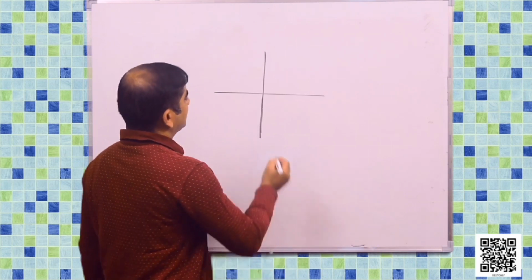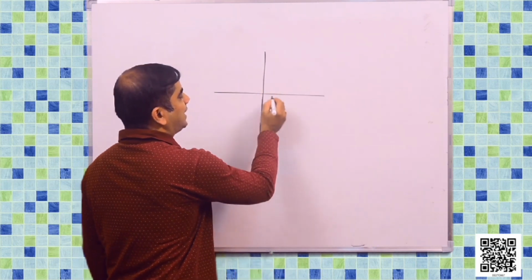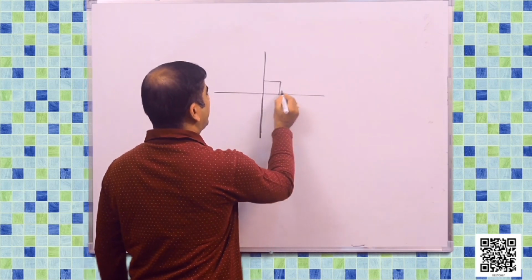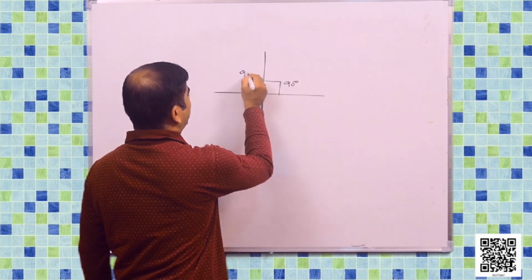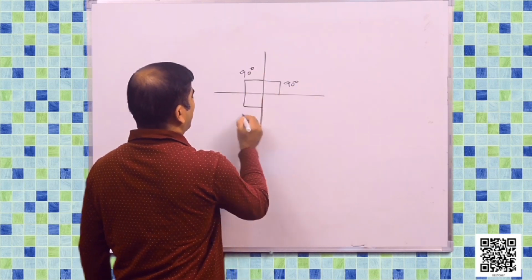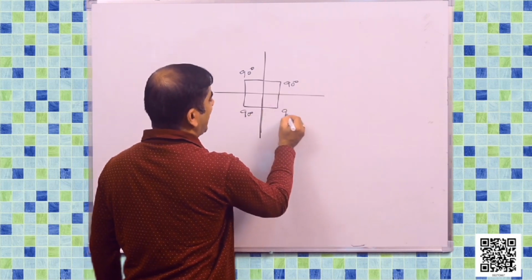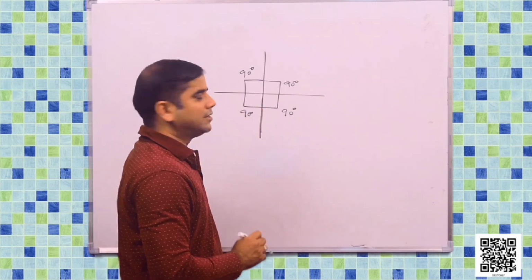As we know, the total angle around a point is 360 degree. So this is the first quarter having 90 degree, second quarter having 90 degree, third quarter having 90 degree, and fourth quarter having 90 degree. So total 360 degree around a point.